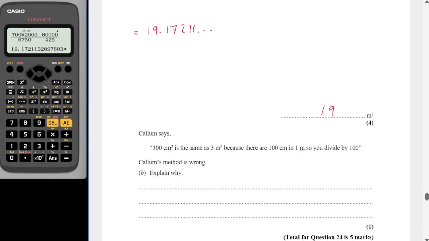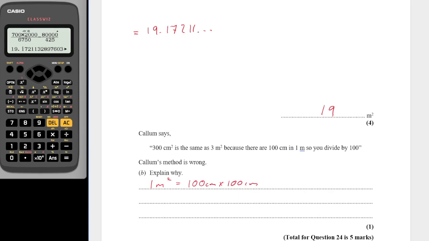Callum says 200 centimeters squared is the same as 3 meters squared because there are 100 centimeters in 1 meter, so you divide by 100. Callum's method is wrong. Explain why. Well, I would say that 1 meter squared is equal to 100 centimeters times 100 centimeters.